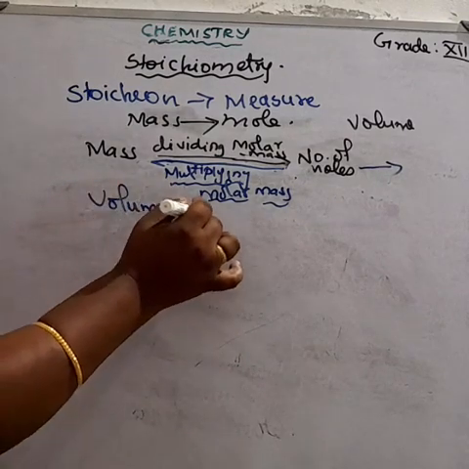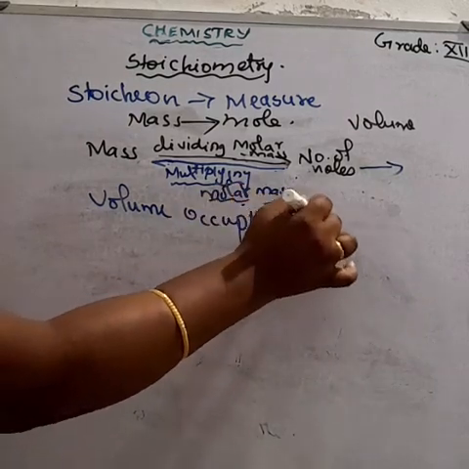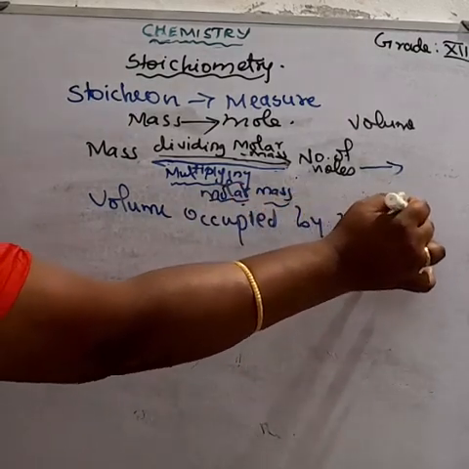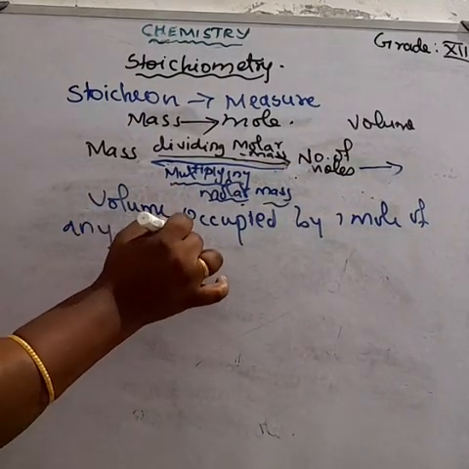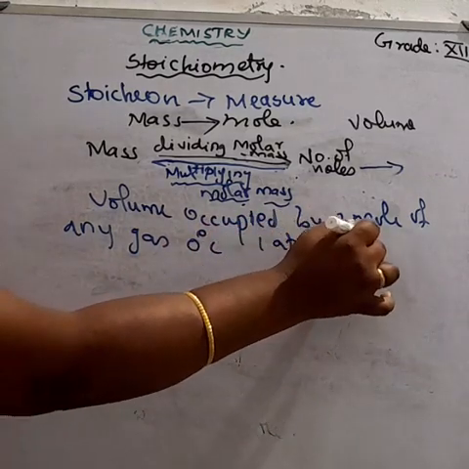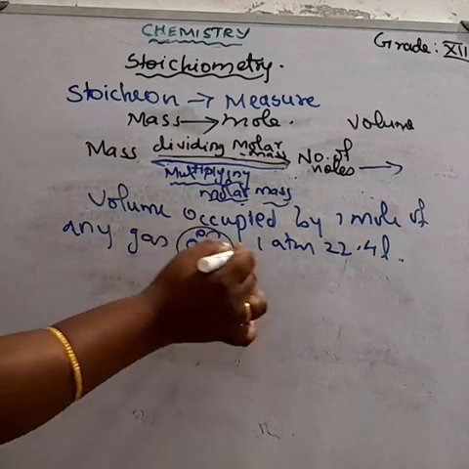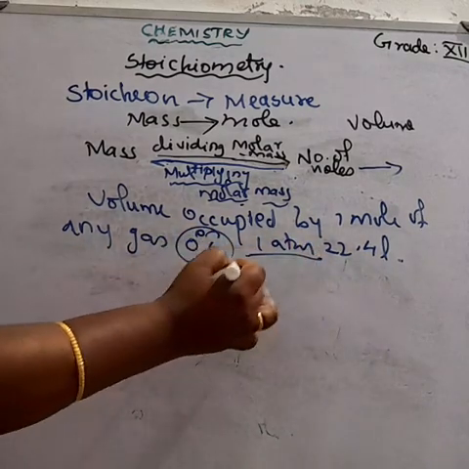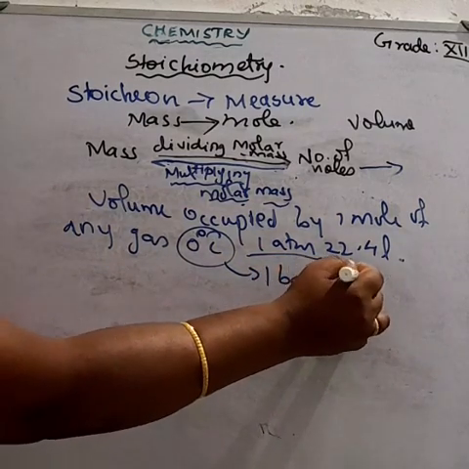The volume occupied by 1 mole of any gas at 0 degree Celsius and 1 atmospheric pressure is 22.4 liter. Suppose the pressure is 1 bar, then the volume occupied by 1 mole of any gas is 22.7 liter.